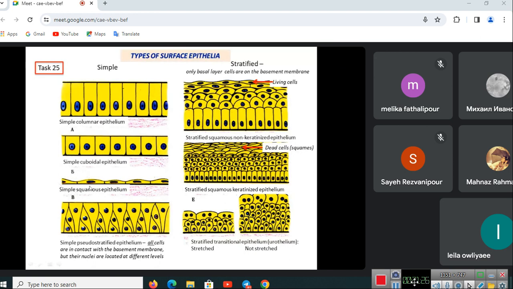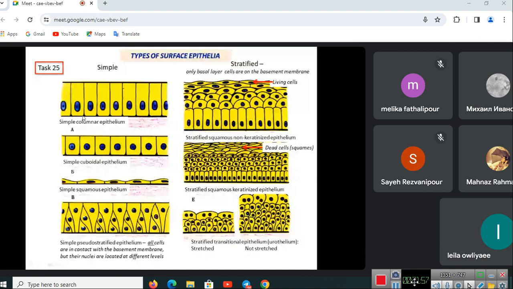Simple squamous epithelium contains flattened or squamous cells, which are kind of lying upon basement membrane, and they have squeezed, flattened cell nuclei. Actually, when we look at the real pictures from the light microscopy, we cannot see the borders between the cells.